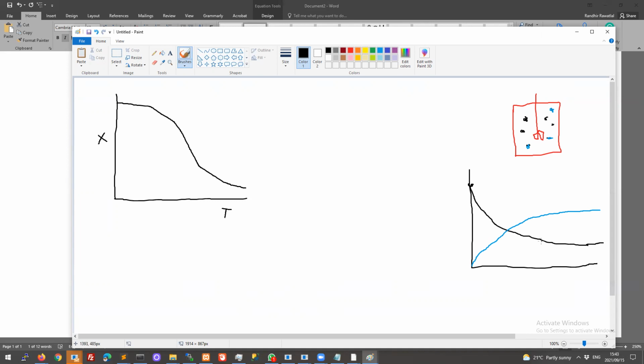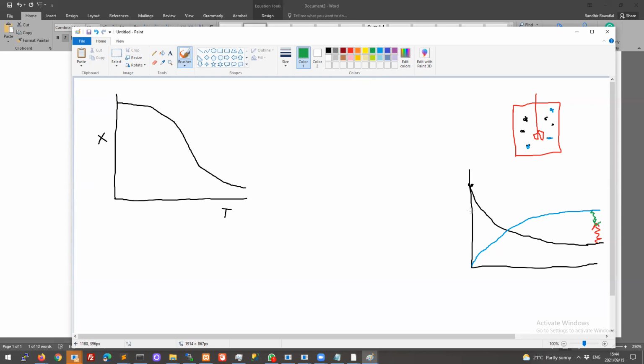So you'll reach a stage where your concentration of A and your concentration of B are such that the rate of conversion from the one to the other, so the conversion of A to B, becomes balanced by the conversion from B to A, right? So these two rates become equal.